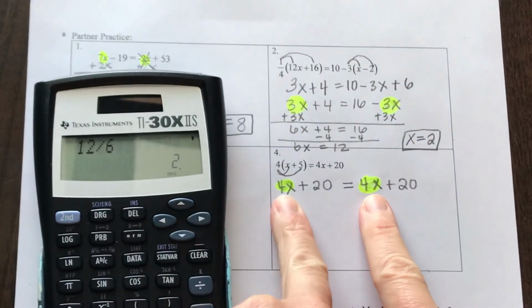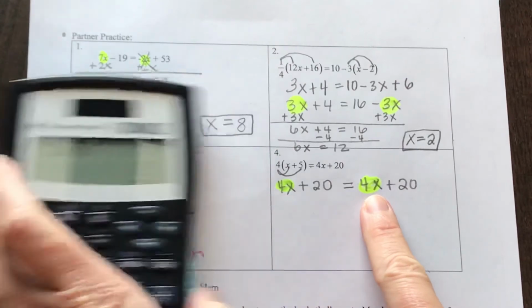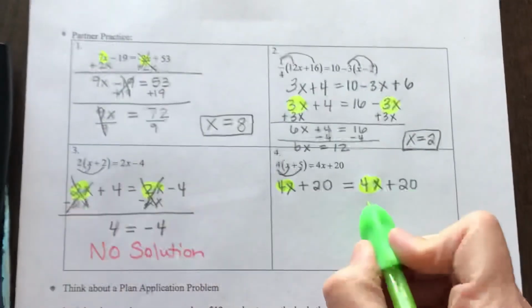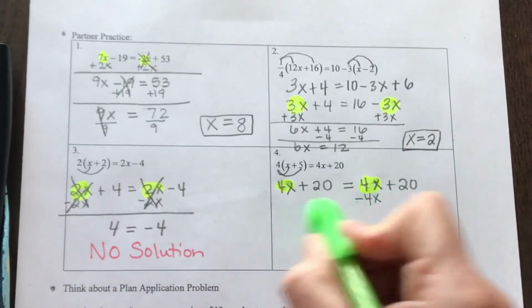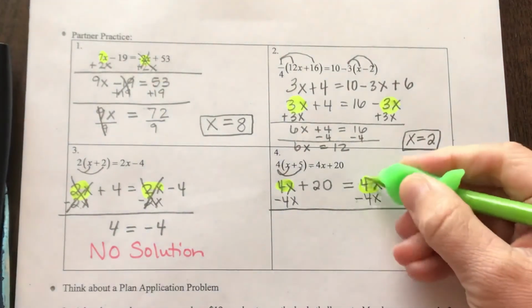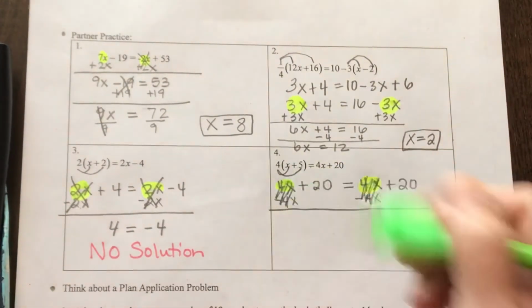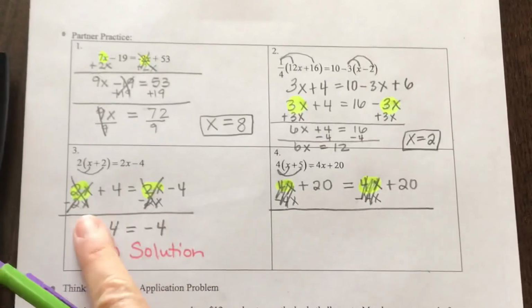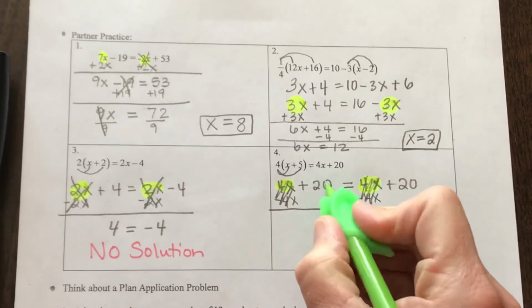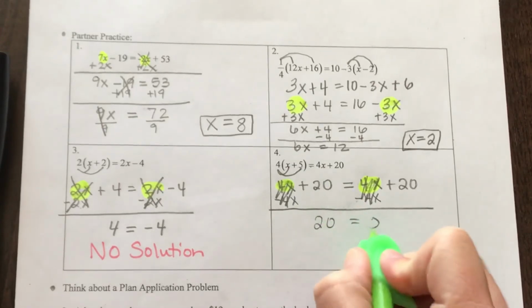I have 4x on the left side and 4x on the right side, kind of similar to what I had over here in example 3. So it doesn't matter which variable I move. Now when I subtract 4x on both sides, I notice that the same thing happens over here in number 4 as what happened over here. But in this case, I have 20 equal to 20.